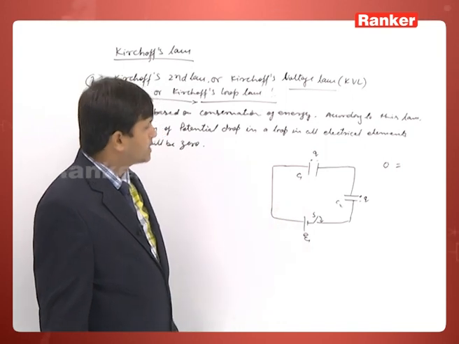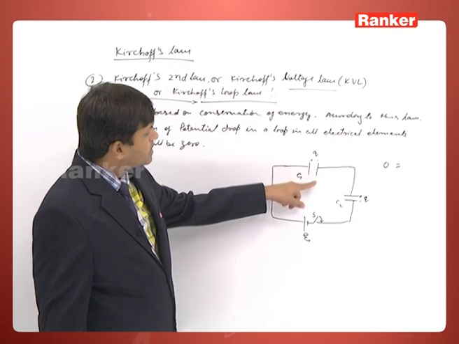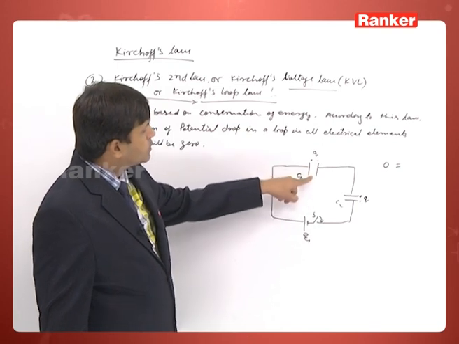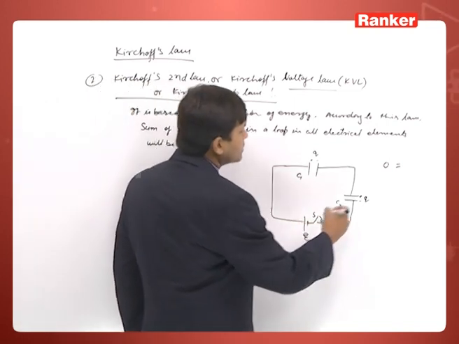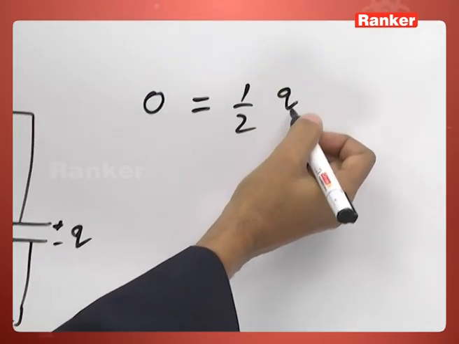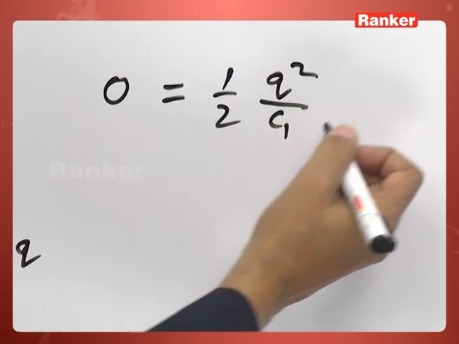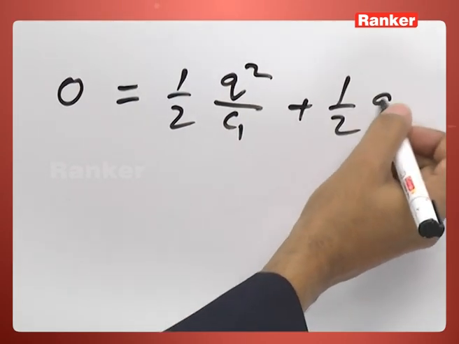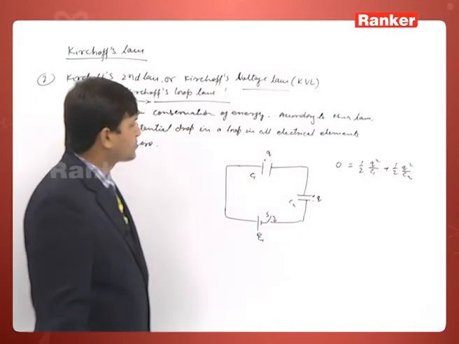Now final energy. Final energy means energy stored in this capacitor. So how much energy is stored on this capacitor? Half Q square by C1. On this capacitor, half Q square by C2. This is the energy stored.